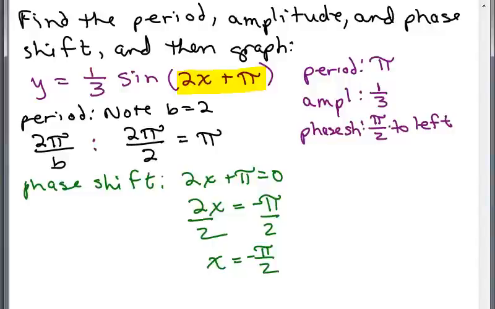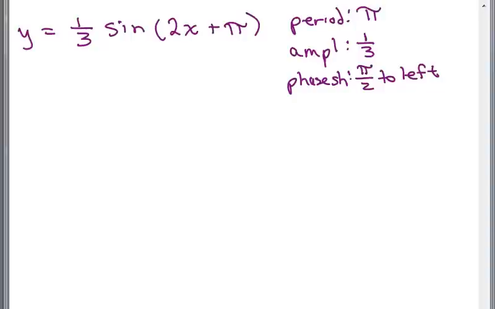Now we're going to need to find our key points, starting with the x coordinates. So here's our equation. We know the period, the amplitude, and the phase shift. Well, what does this mean if the phase shift is pi over 2 to the left? Remember when we solved 2x plus pi equals 0, we ended up solving and getting negative pi over 2.